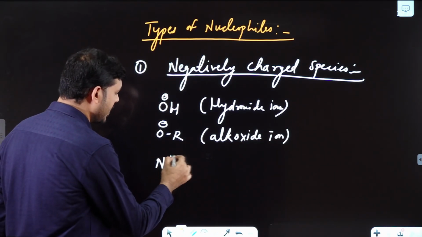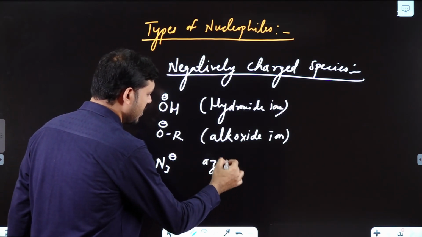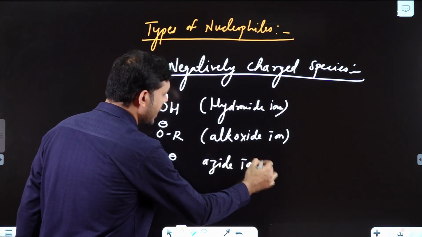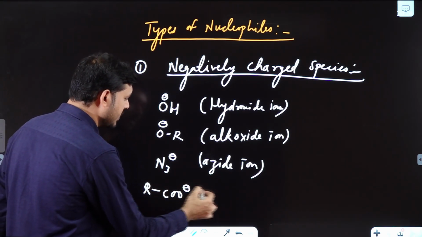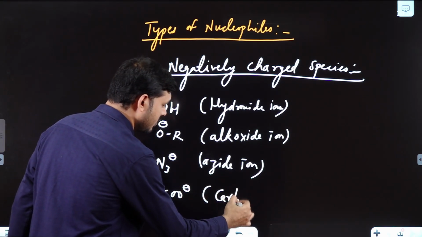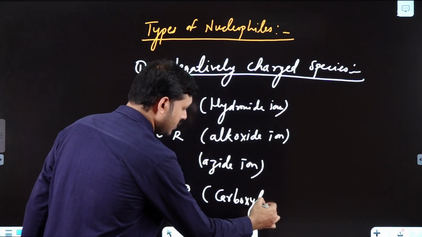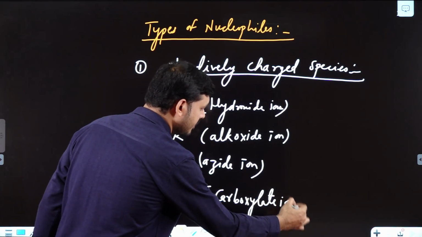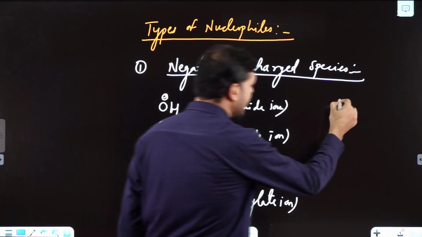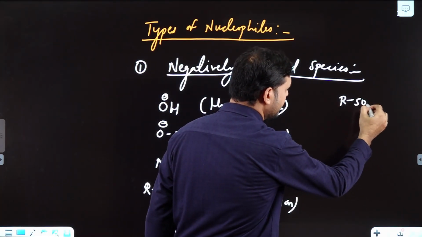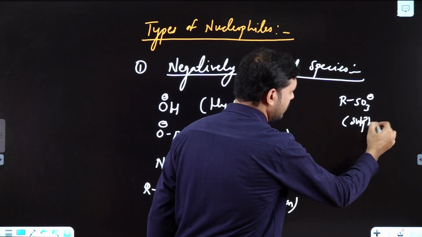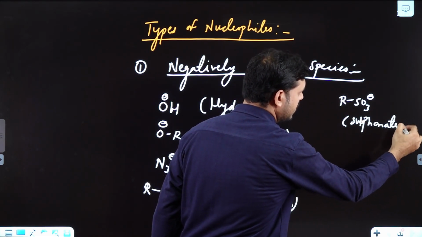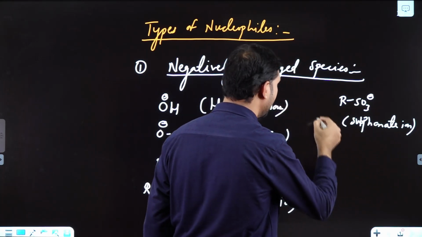If I say N3 minus, azide ion. RCOO minus, carboxylate ion. Okay, if I say RSO3 minus, this is our sulfonate ion. Clear?